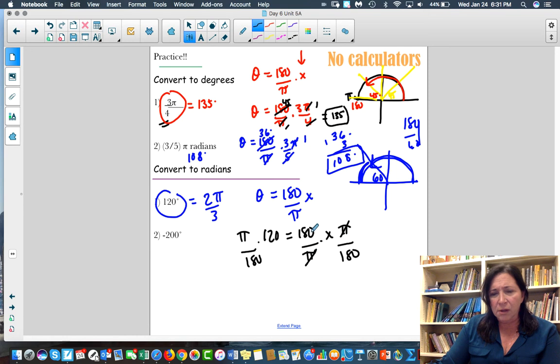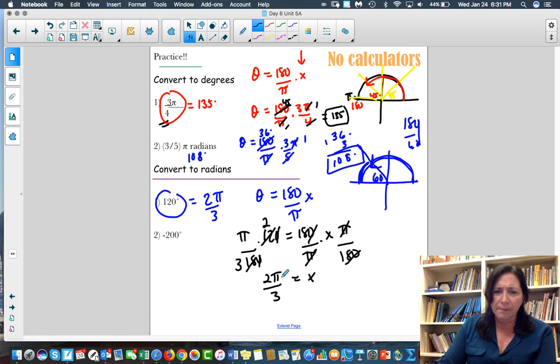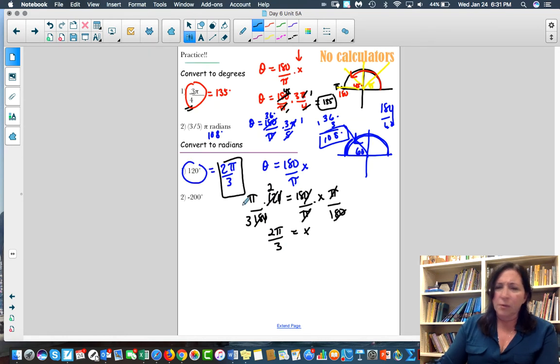Pi's cancel, 180's cancel. You get x equals 120 over 180. Zeros are going to cancel if you divide by 10. And then let's see here, what does this become? Divide by 6, so that's going to be a 2. That'll be a 3, so I get 2 pi over 3. And it's the same answer, just a different way to do it.